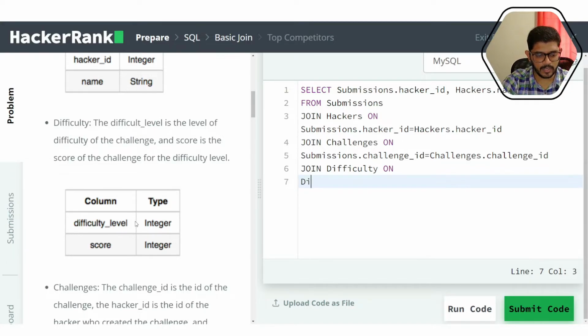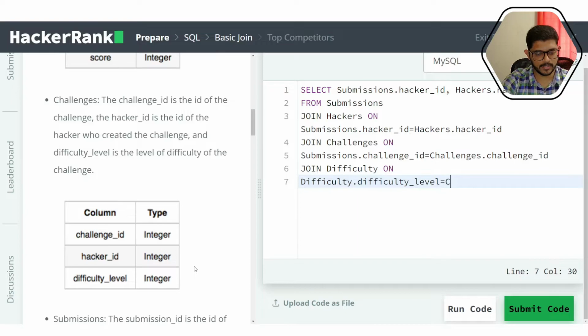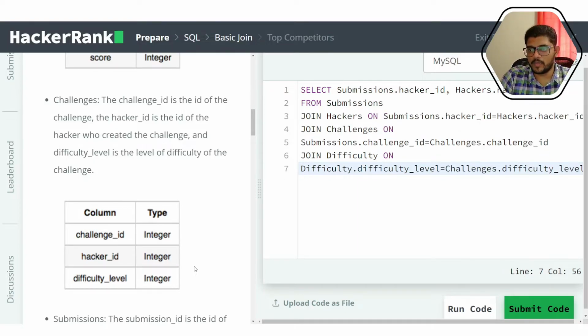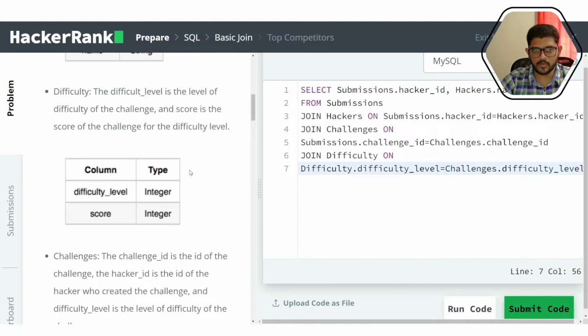So difficulty.difficulty_level. Okay, so on this column we are joining, the same column is present in the challenges table: challenges.difficulty_level. What is even the purpose of the difficulty table? It serves only one purpose: for which level how much maximum marks we are awarding.